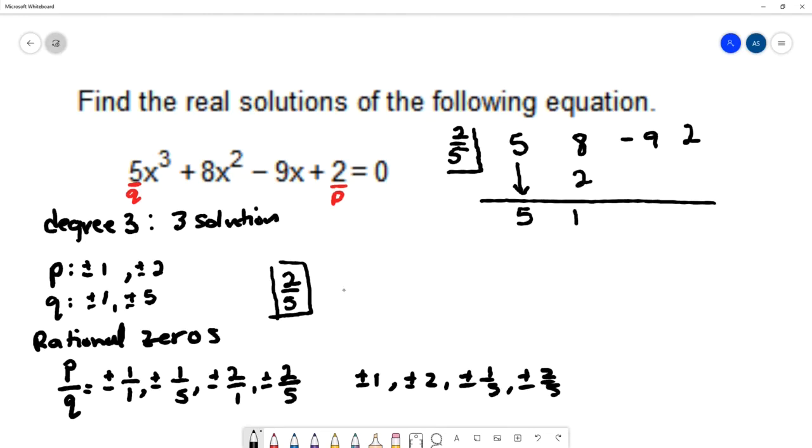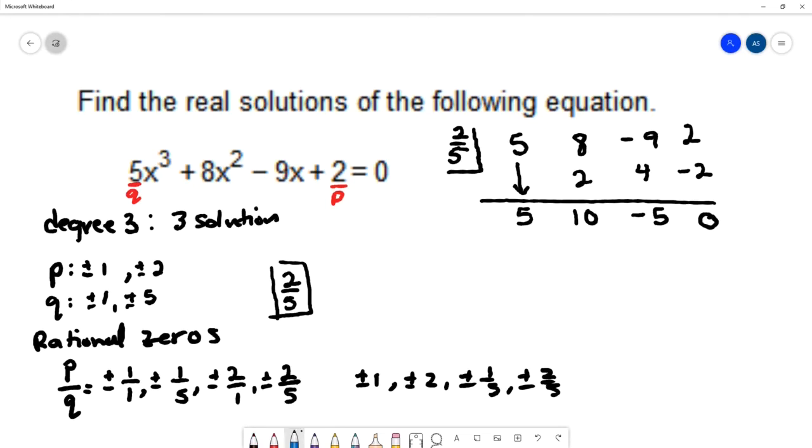We're going to add these together to get 10, and we'll multiply 2/5 times 10 will give me 4. We'll add these together to get -5, multiply 2/5 times -5, we get -2, and then we get our remainder of 0.